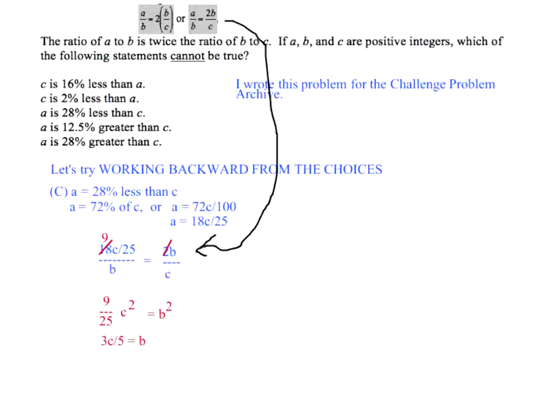But these are all integers. That's the point, right? You have the ratio of C to B now. You can divide out B to C if you divide both sides by C. And then the ratio of A to B is just twice as much as that. So that's this.